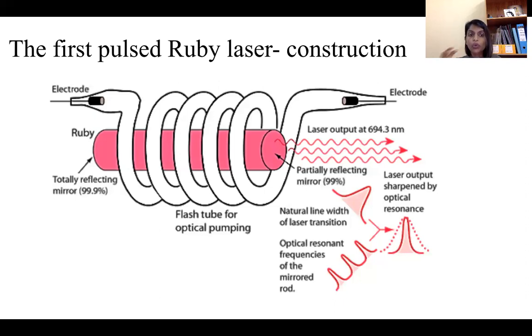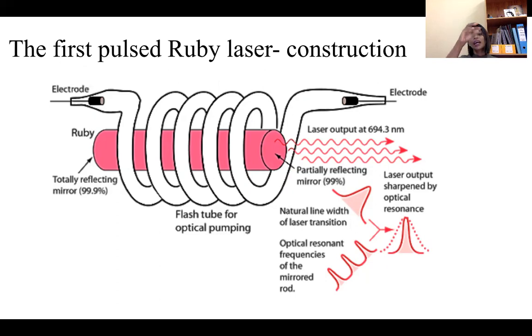So the ruby absorbs, because ruby appears red, ruby absorbs blue and green. So this gaseous discharge should have green and blue light coming out of it, and that green and blue light is absorbed by the ruby crystal and starts exciting their electrons in the ground state to an excited state.